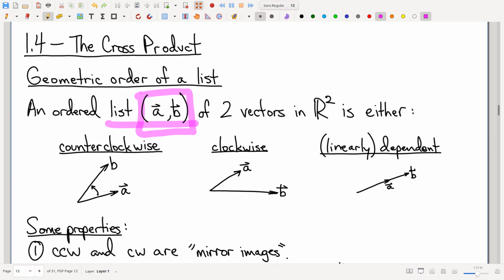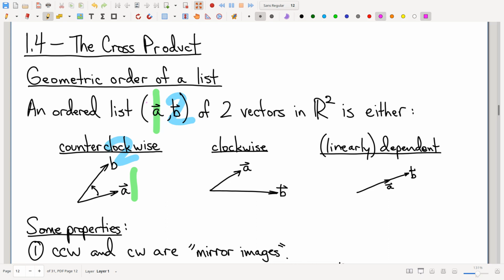A list means that one of them is first, and another one is second. And the ordering is part of the list. Okay. So what we have here with A being first. A is first there, right? Now B is second. Like so.